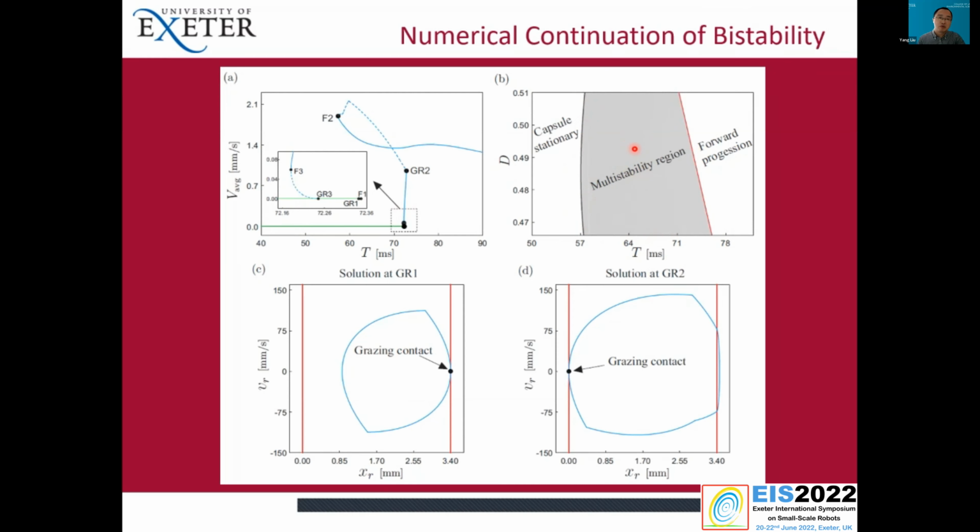When we choose control parameters for the experiment, we can choose this area for forward progression or this area for the stationary state condition. So by using this, we can provide control parameters for the experiment for the robot.